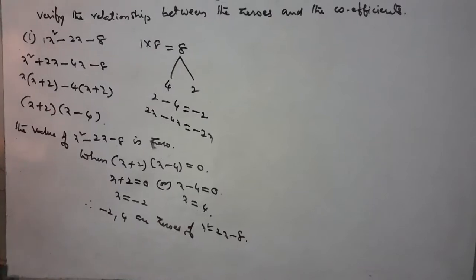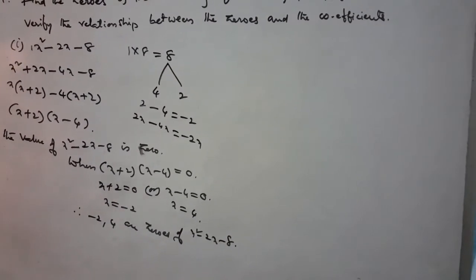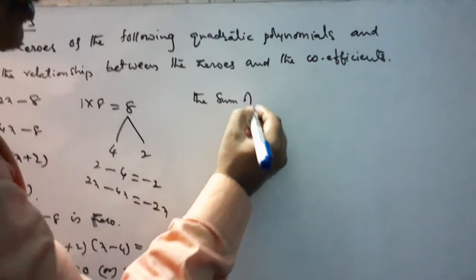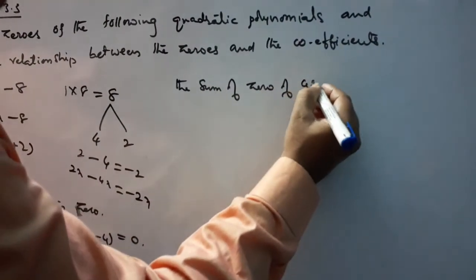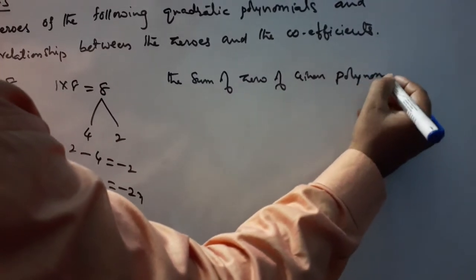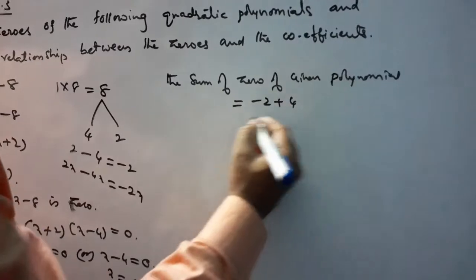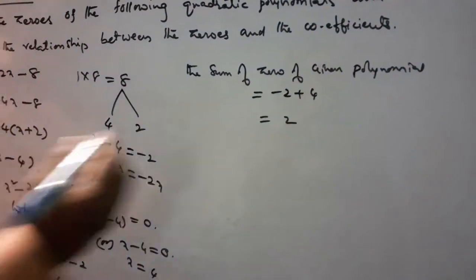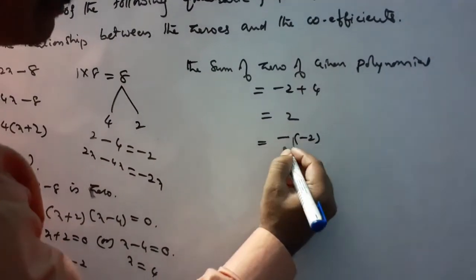Now we are taking the relation between the coefficients and zeros. Now I am taking the sum of zeros of the given polynomial. That is equal to minus 2 plus 4, we will get 2. 2 can be written as minus of minus 2 by 1.